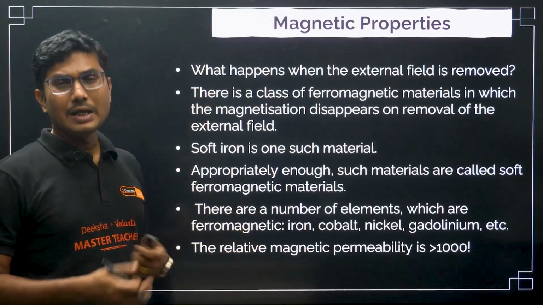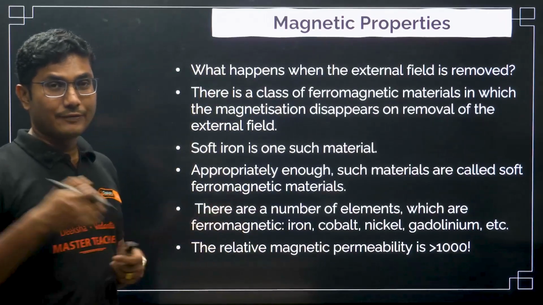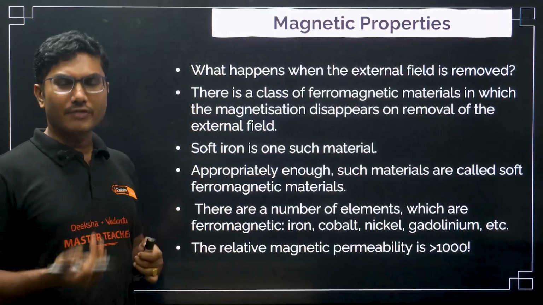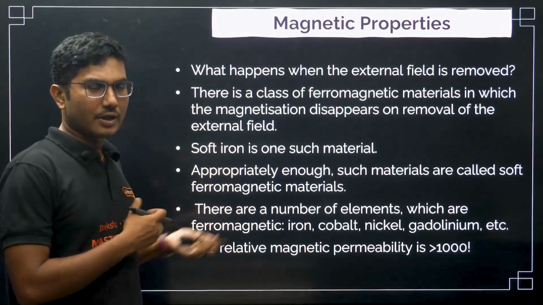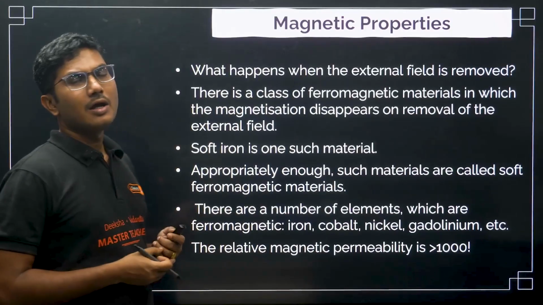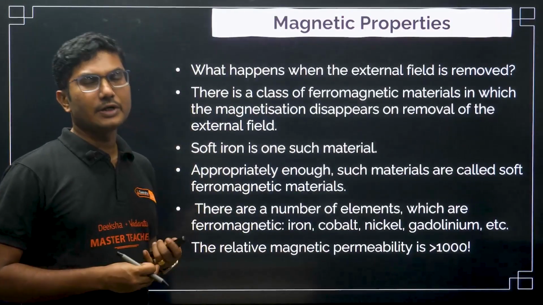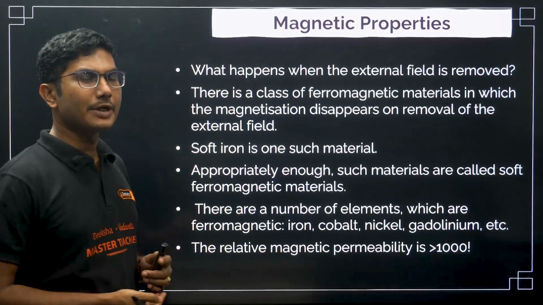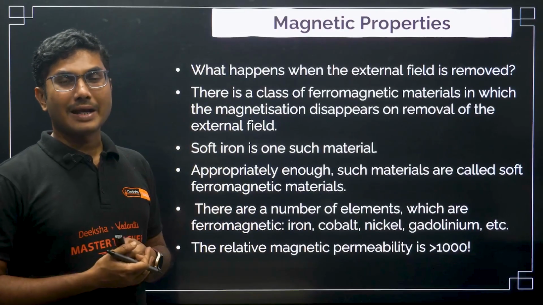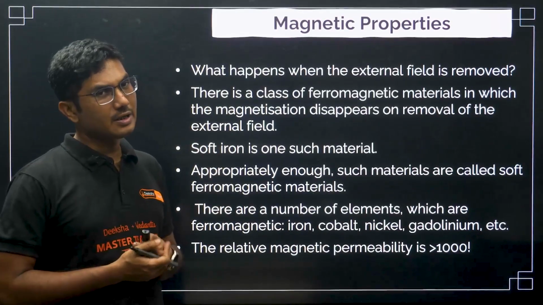Iron can be a strong magnet if you are using it in the form of steel, and if you are using it as soft iron, which is also an alloy of iron, it loses its property quickly. Iron can have different alloys, right? Soft iron is a soft ferromagnetic material, and the materials which retain their magnetism are called hard ferromagnetic materials.